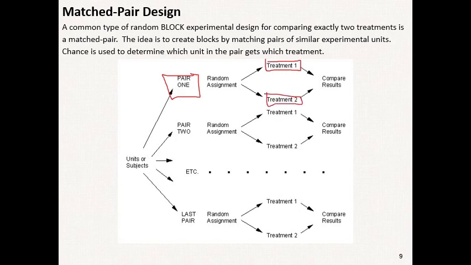So we have all these different people in treatment 1 and all the different people in treatment 2. That way, we're guaranteed that half of each pair of similar subjects is in each of the two treatments.